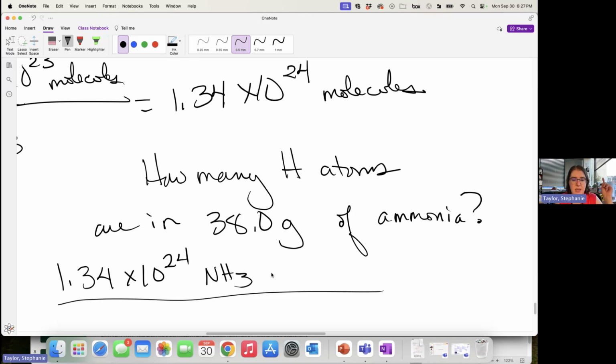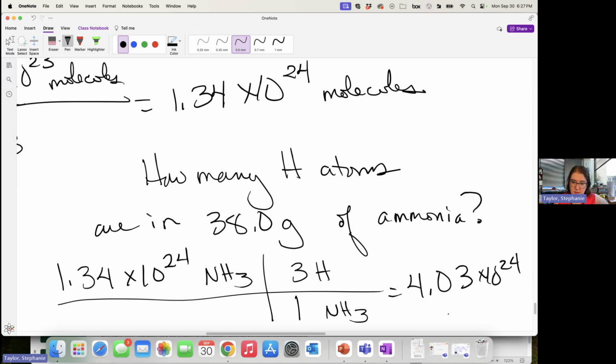Then we can say that in every 1 ammonia, there's 3 hydrogens, and we just multiply that by 3. Now we have 4.03 times 10 to the 24th hydrogen atoms.